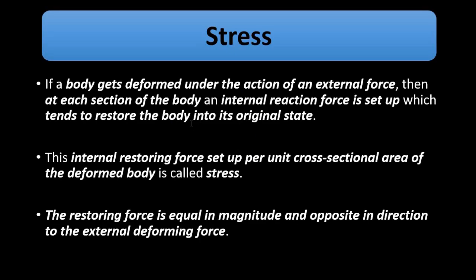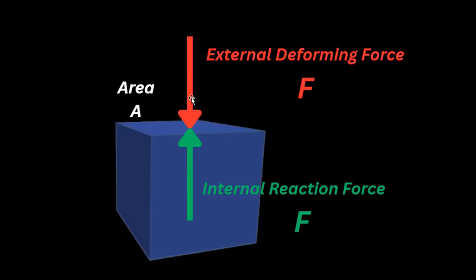So what it says, that let's say an external force acts on an object or a body. It acts on a certain face which has a certain area. So in reaction to that external deforming force, there will be an internal reaction force from that material at that point.